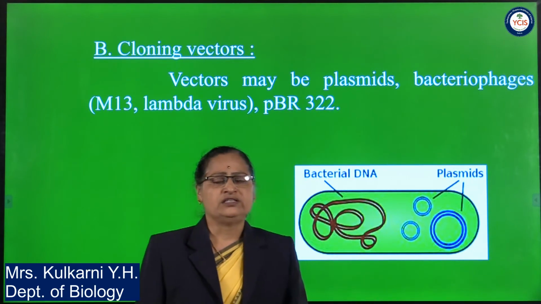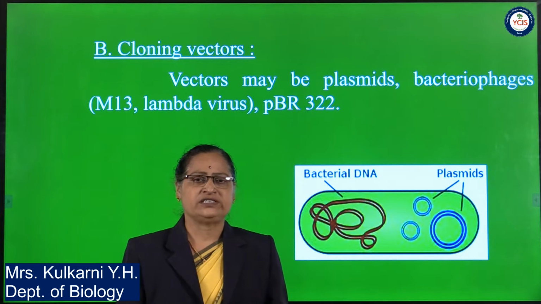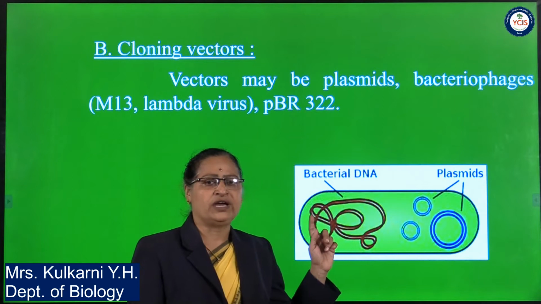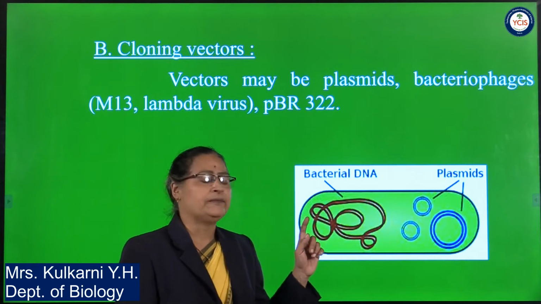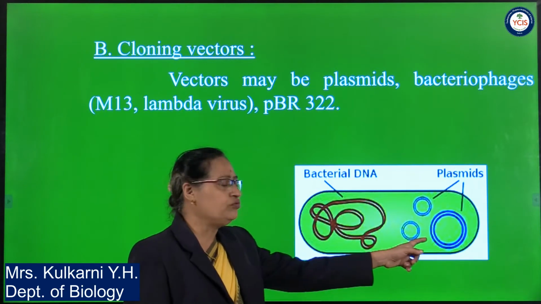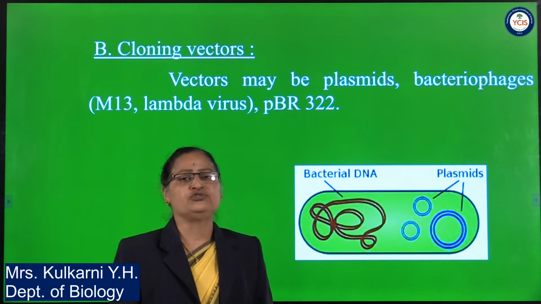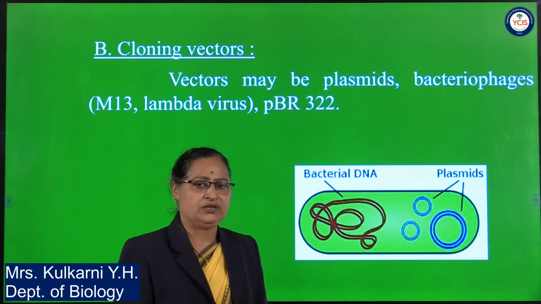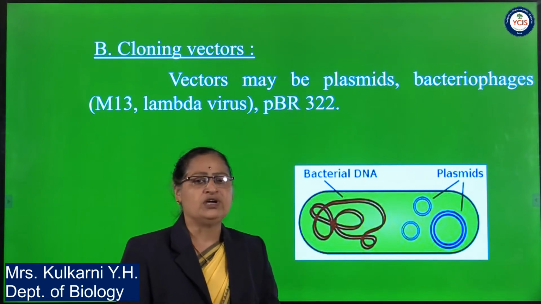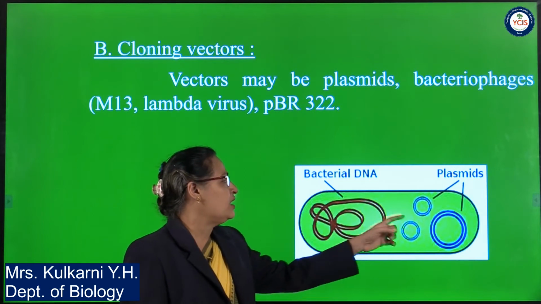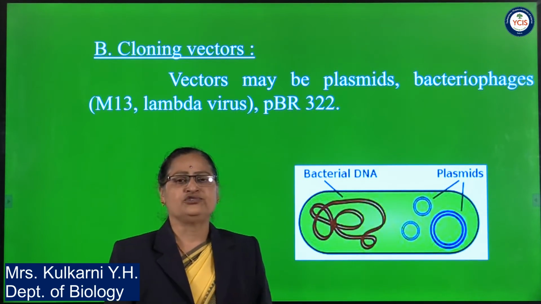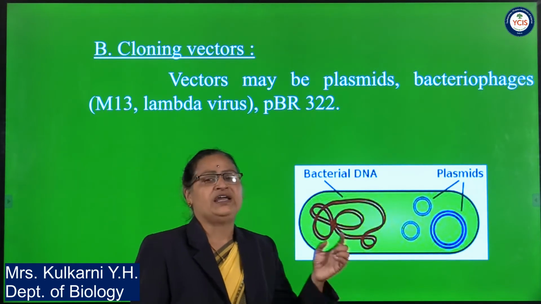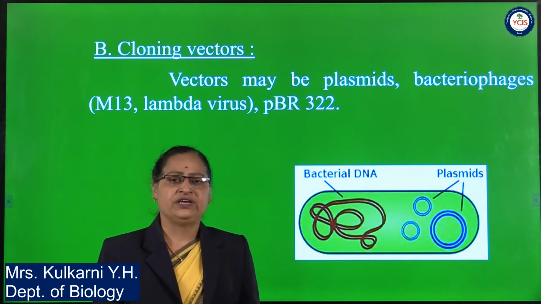Plasmid is present inside the bacterial cell. The bacterial cell contains its own nucleoid along with this extra chromosomal double stranded circular DNA, and it replicates independently.